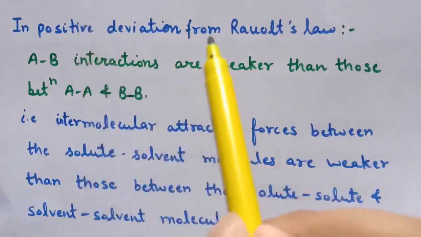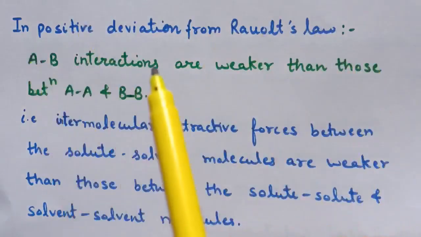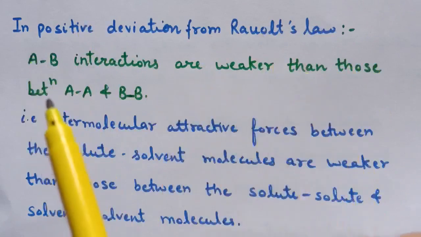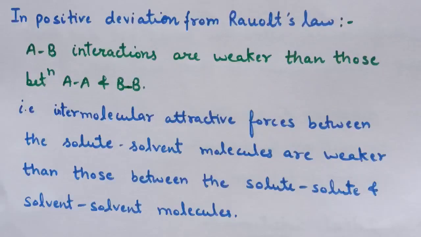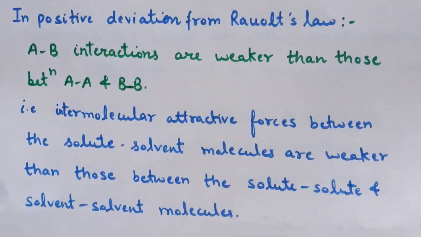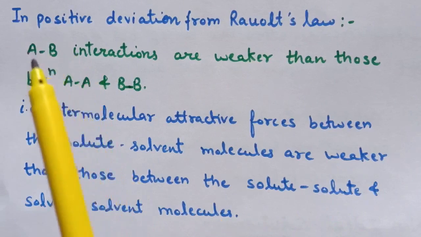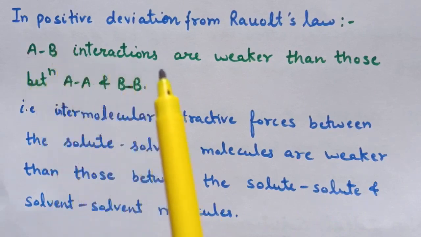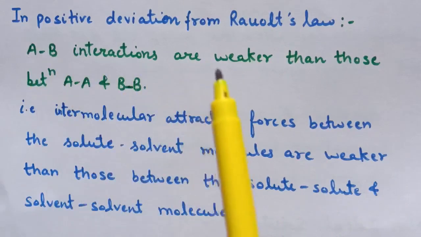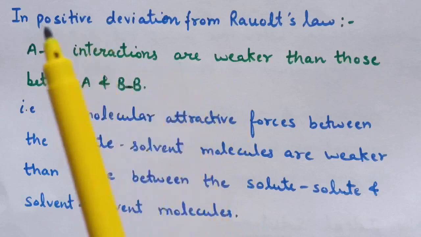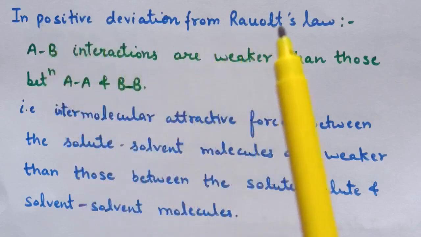In positive deviation from Raoult's law, AB interactions are weaker than those between AA and BB. That is, the intermolecular attractive forces between solute and solvent molecules are weaker than those between solute-solute and solvent-solvent molecules. If the interactions between A and B are weaker, more vapors will be formed, and that is why they exhibit positive deviation from Raoult's law.